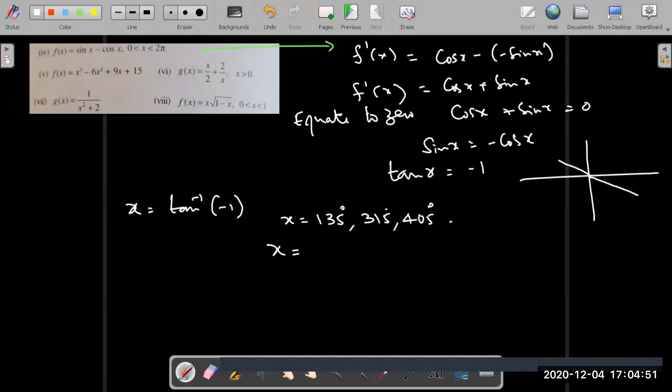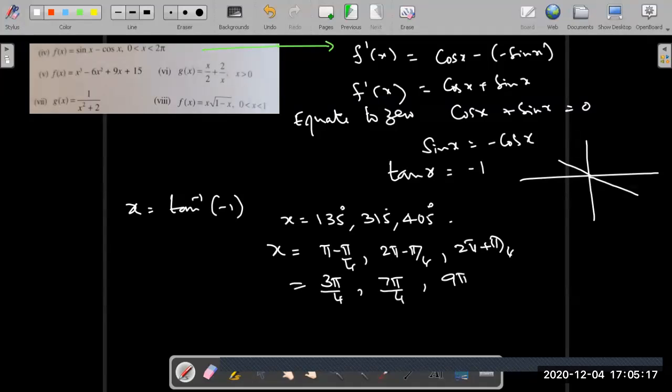So in values of pi, this is pi minus pi by 4. This one is 2 pi minus pi by 4. And this is 2 pi plus pi by 4, if you want to put a pi value. So this is 4 pi minus pi is 3 pi by 4. This is 8 pi minus pi is 7 pi by 4.